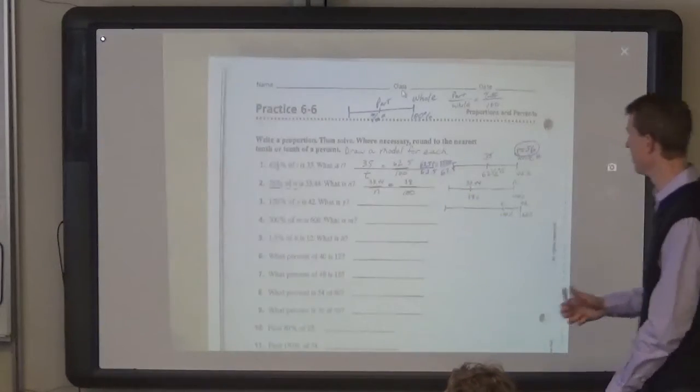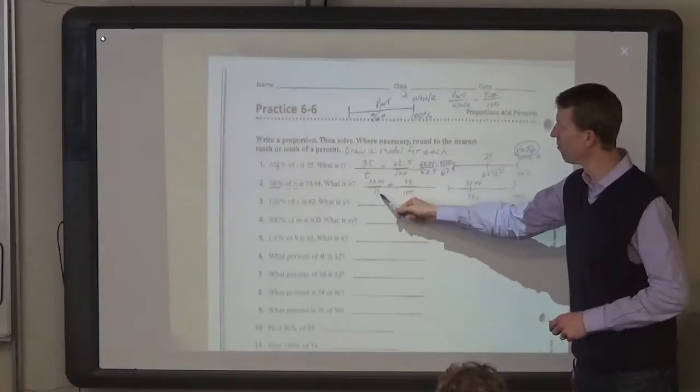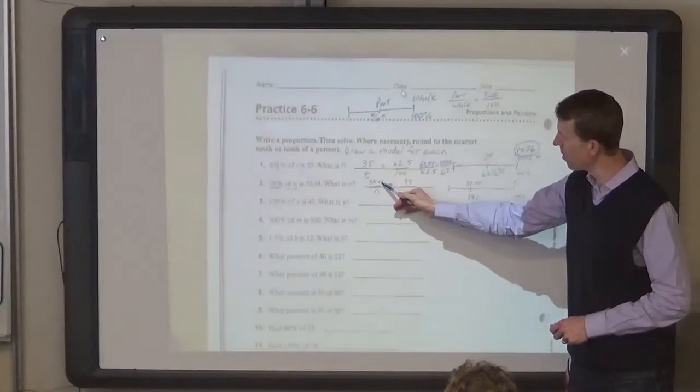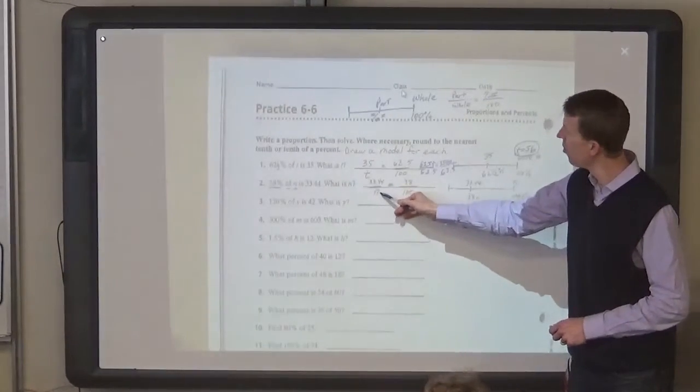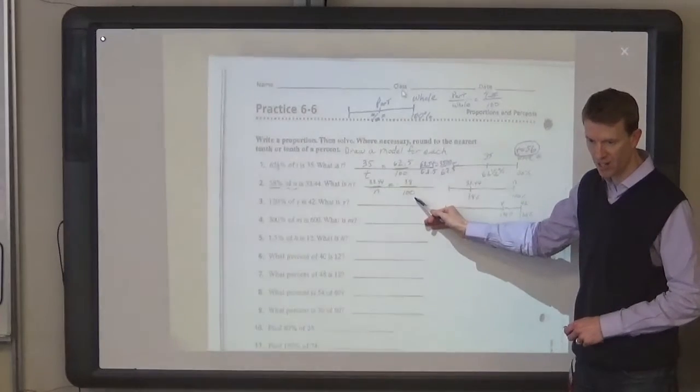Oh, no, wait a second. 33.44 over n is equal to 38 over 100. This is the part. This is the whole. This is the percent. This is 100.